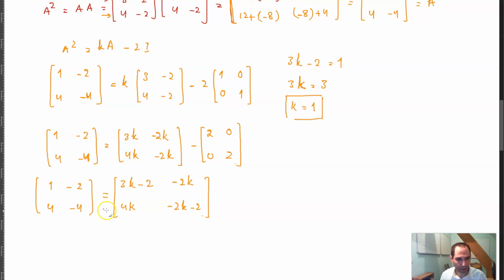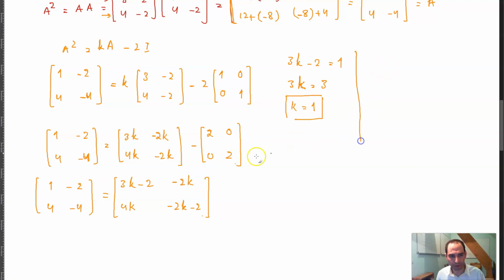And if I take any of these, 1 is equal to 3K minus 2, so 3K is equal to 1 plus 2, which is 3, so K is equal to 1.